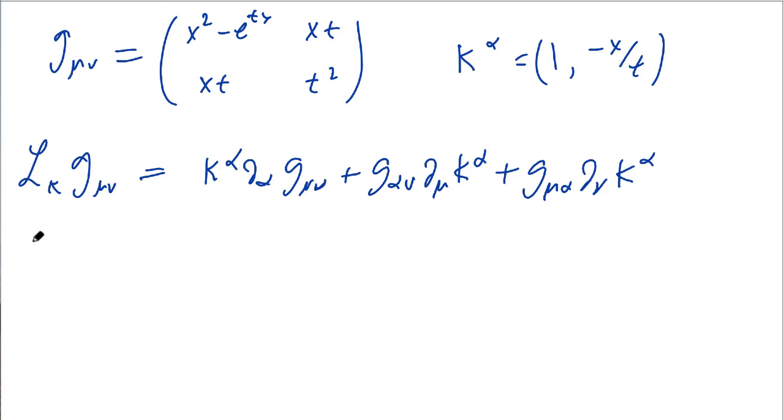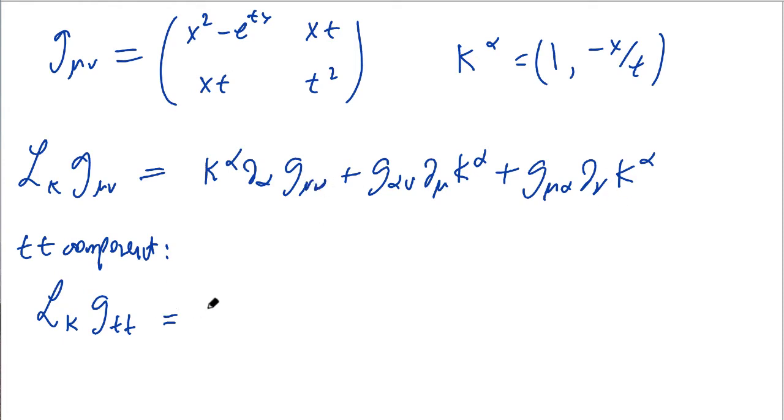So let's first look at, say, the tt component. All right, so the Lie derivative along k of the metric, the tt component, is just inserting mu and nu both equal to t.